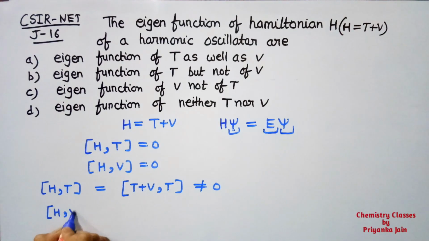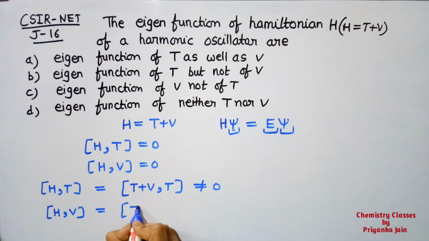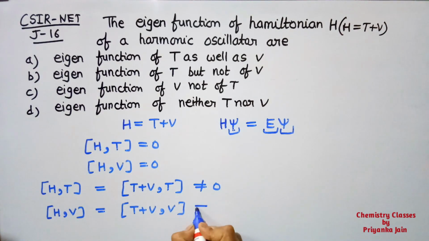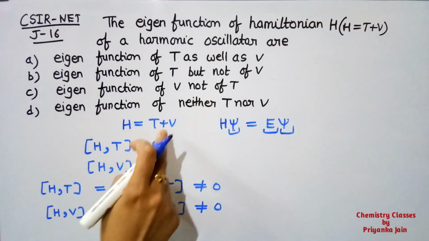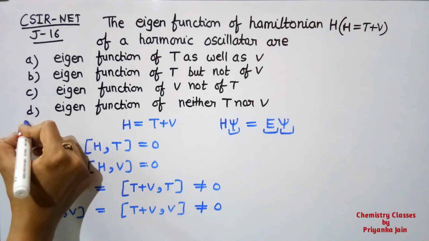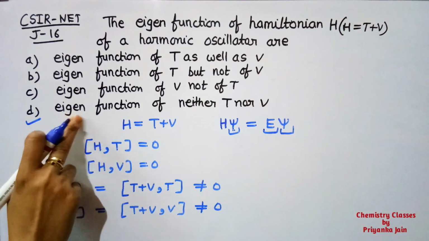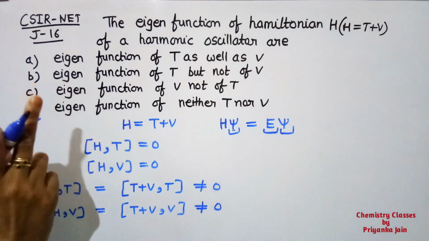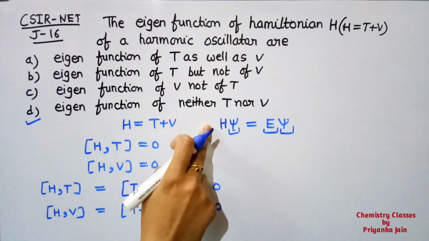So this eigen function of H cannot be an eigen function of T. Okay, now see another condition, commutator of H and V. So here we can also write in this way, T plus V and then V. From this you can understand that this also cannot be equal to 0. So this eigen function cannot be an eigen function of potential energy.